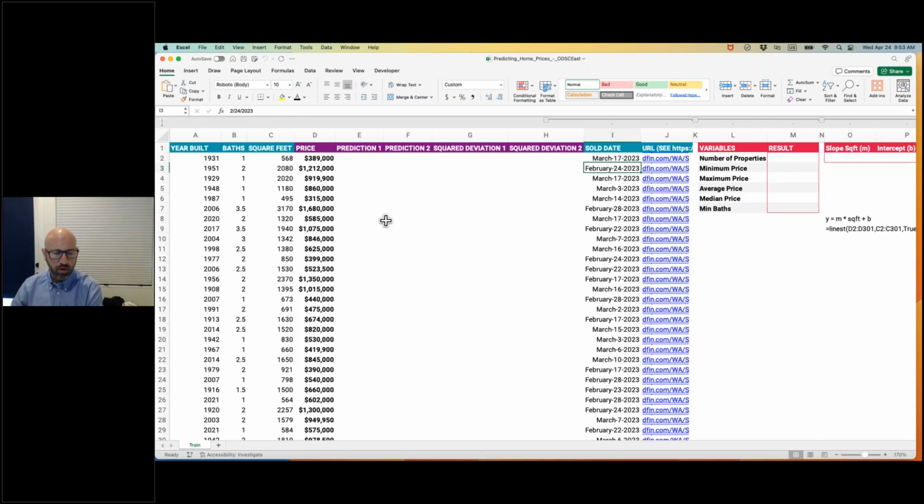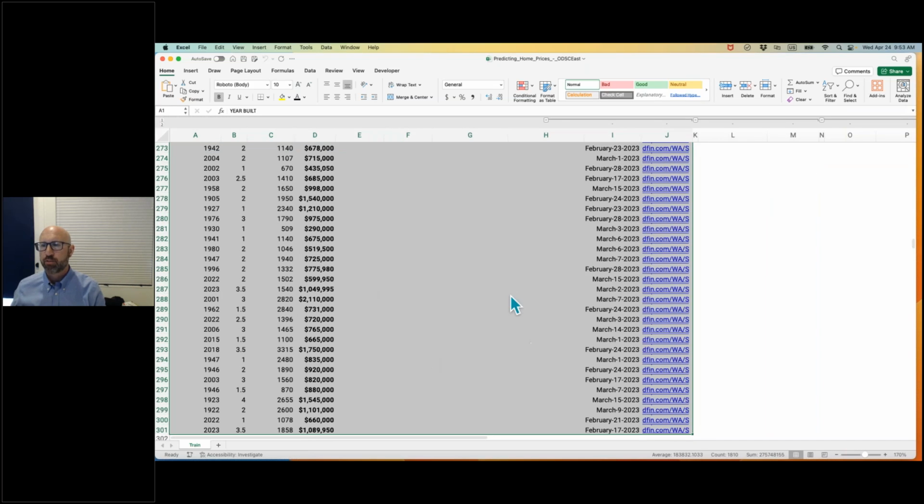Let's explore our data a little bit. The first thing I want to do is add filters to my table so I can play with it. The way to add filters is just select anywhere on the table. So I'm selecting, for example, this first cell. I have a Mac machine, so I use Command A, but if you have a Windows machine, use Control A. When I type in Command A, it selects my whole table.